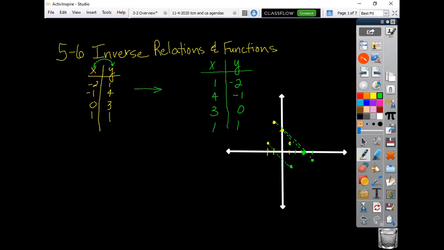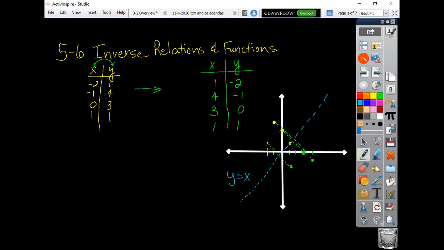And then the question becomes, well, how are all those related to the other ones? And if enough observations were asked, or if I checked with enough people, hopefully what you would say is that blue dotted line is the y equals x line, and each of the inverse points are reflections over that.